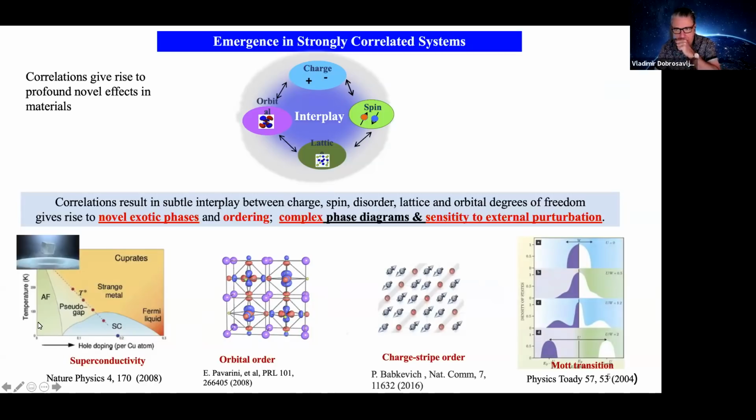So you can manipulate their properties by changing temperature, doping, magnetic field, pressure, and you can induce very strong, dramatic changes in, for example, conductivity or resistivity. It can lead to one of the most famous phenomena, the Mott metal insulator transition.